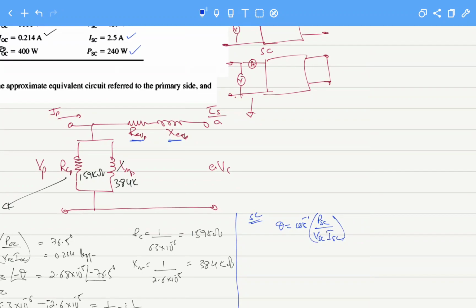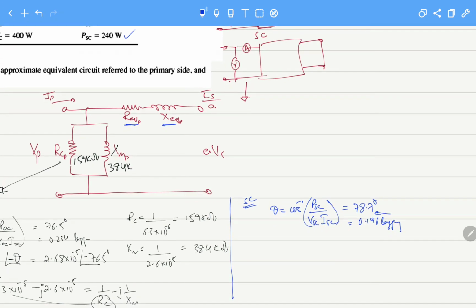So we can find the angle, and that will become 78.7 degrees, and for the power factor, by cos of this angle, we get 0.196 lagging, because we know there is no capacitive effect. All we are talking about is the inductive effect here, so the current will be lagging.